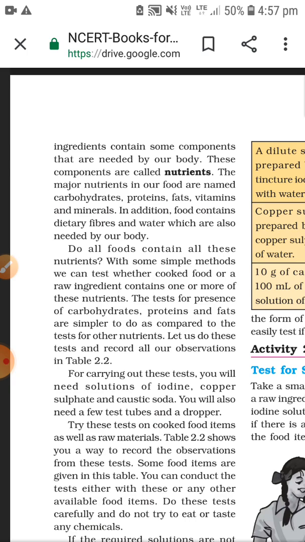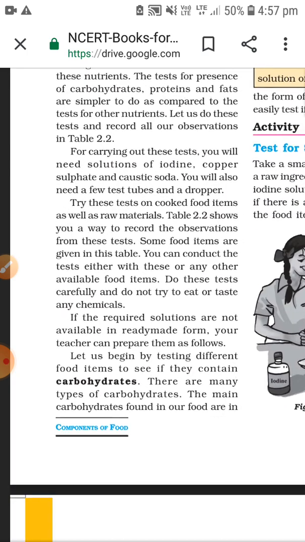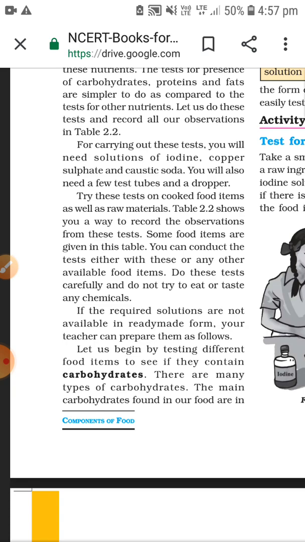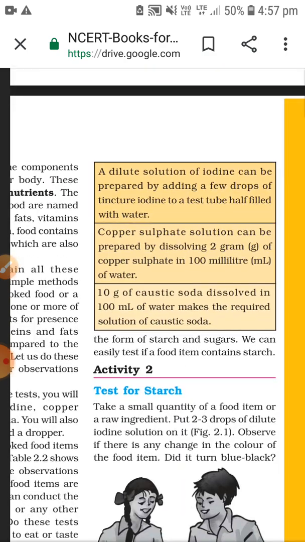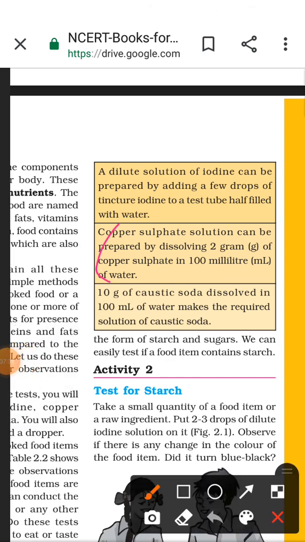Okay, so let us begin by testing different food items to see if they contain carbohydrate. There are many types of carbohydrate. The main carbohydrates found in our body are in the form of starch and sugars. And chapati contains carbohydrate, and potato contains carbohydrate.